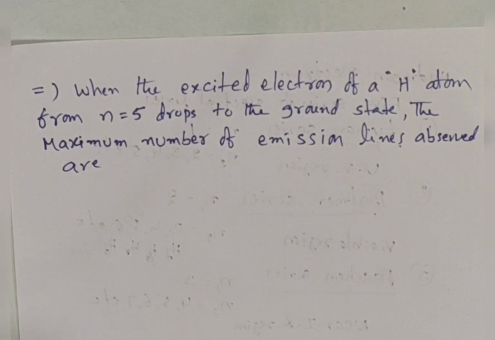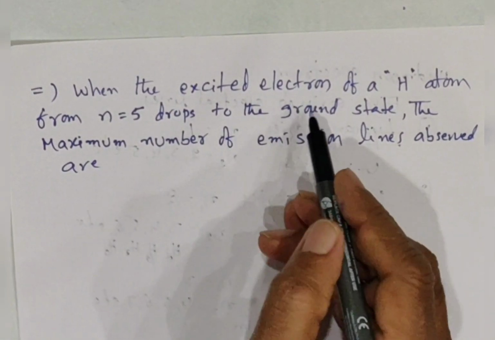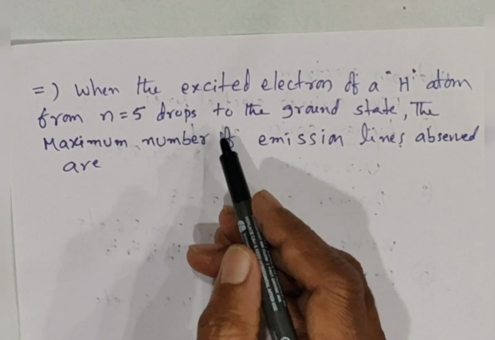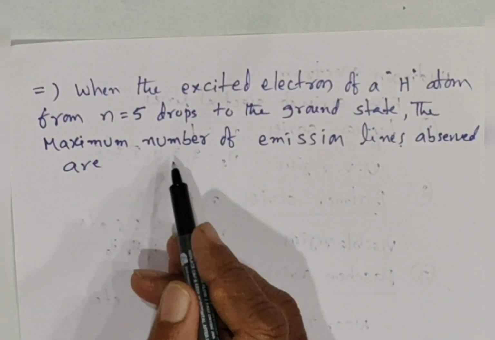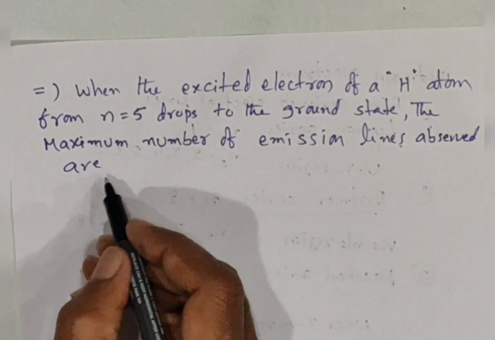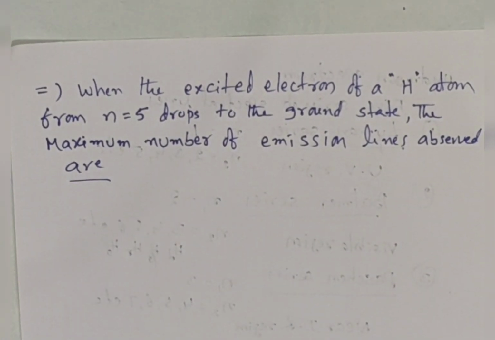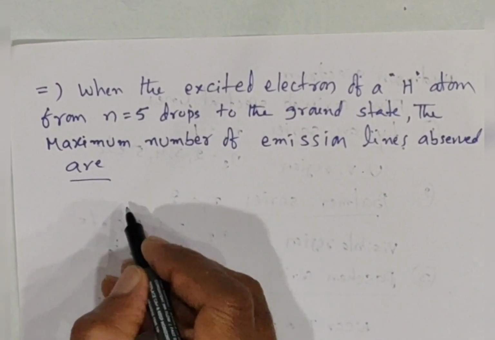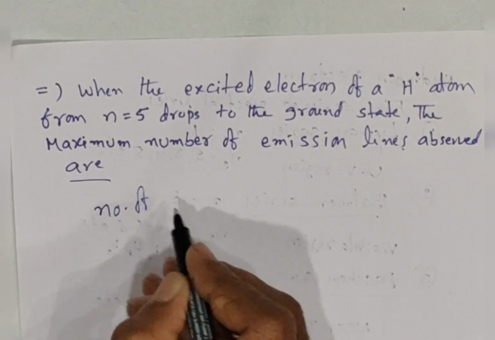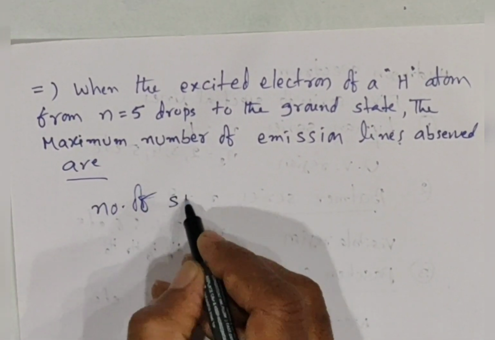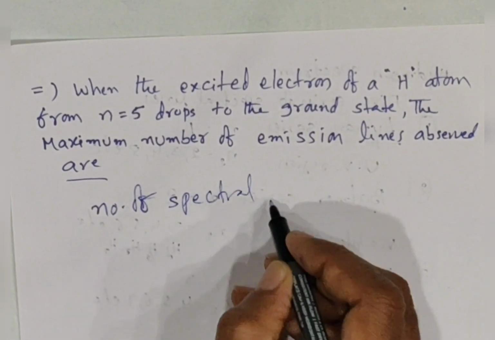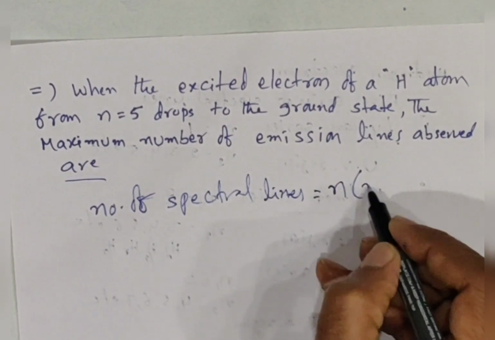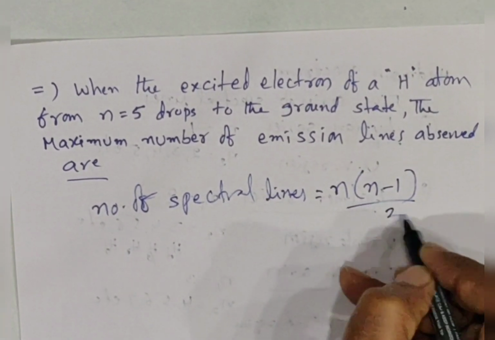Next, another important problem: when the excited electron of a hydrogen atom from n is equal to 5 drops to the ground state, the maximum number of emission lines observed are. This is an integer problem, and now you have to calculate the number of spectral lines by using number of spectral lines is equal to n into n minus 1 by 2.